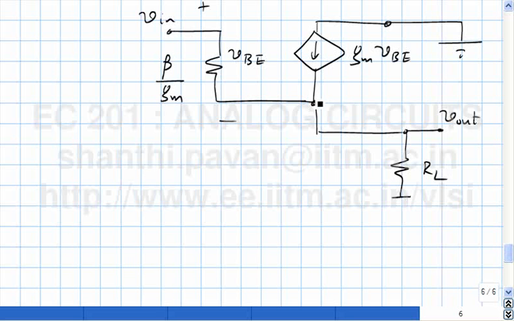How would I figure what V out would be? Incremental VBE is nothing but Vin minus V out. Another way of looking at it is, if this current is I, this current will be beta I. I mean, they are all equivalently the same thing. Tell me how I'll be able to calculate V out in terms of V in.